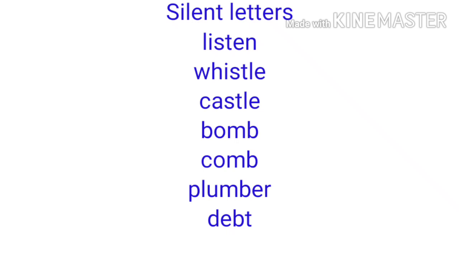When a word ends in MB or BT, the last letter B or T is usually silent. For example, the B in bomb is silent. The B in comb is silent. The B in plumber is silent. In the word plumber, the last letters are not part of the root word but just a suffix that is added to the root word.